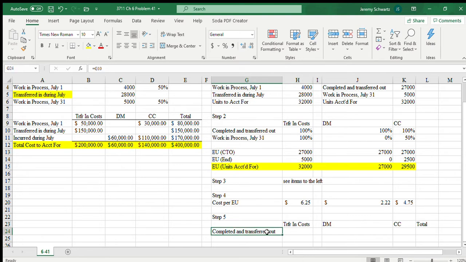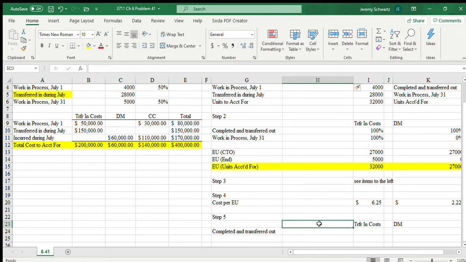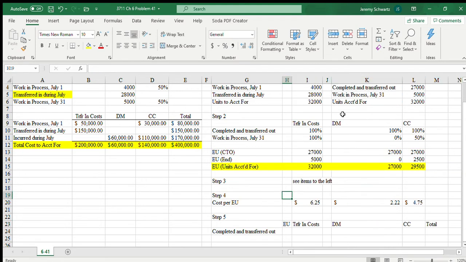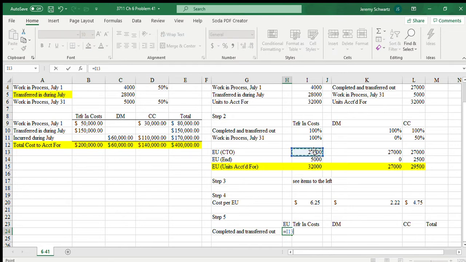So what we need to do is, so probably wouldn't hurt to insert a column here. Just make sure we have our equivalent units given here. So we'll have our 27,000 equivalent units.